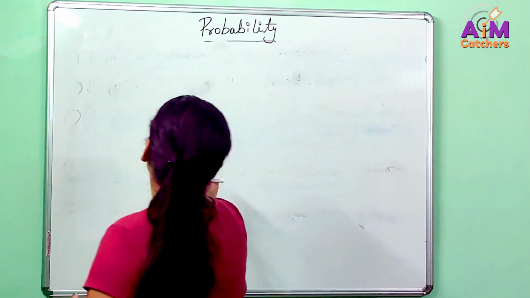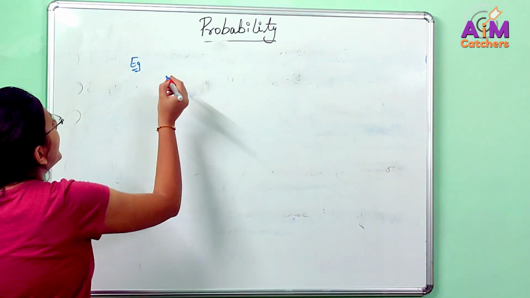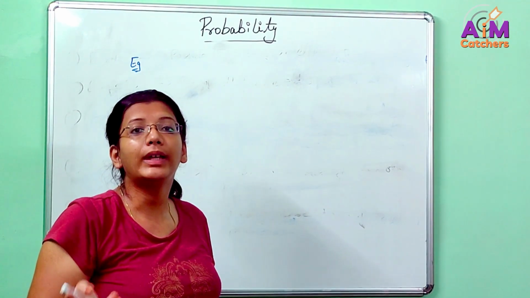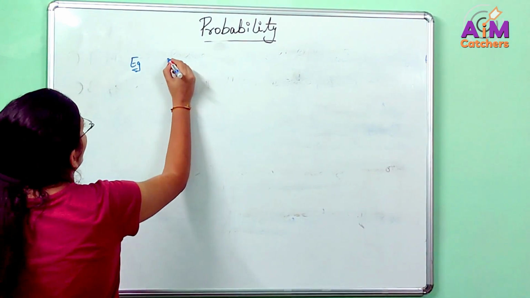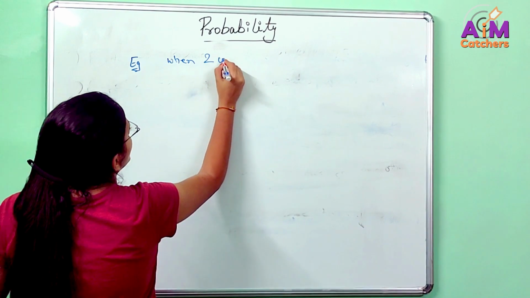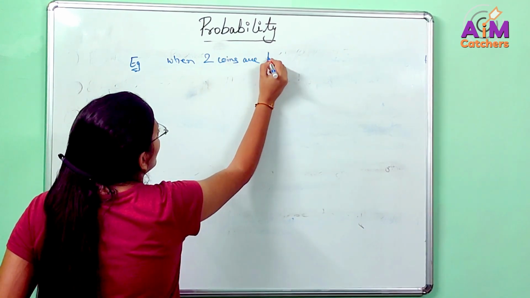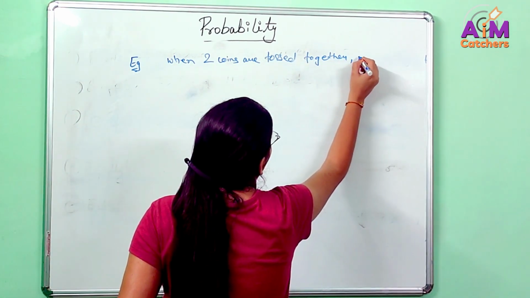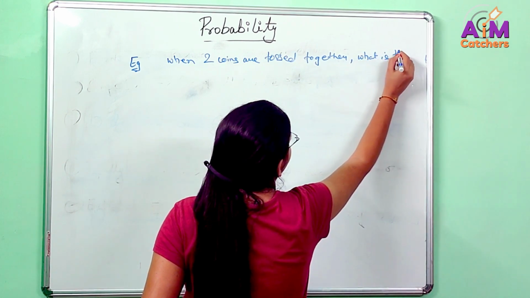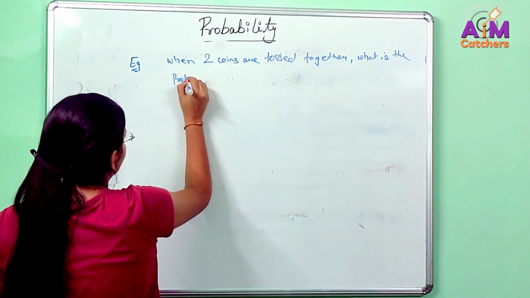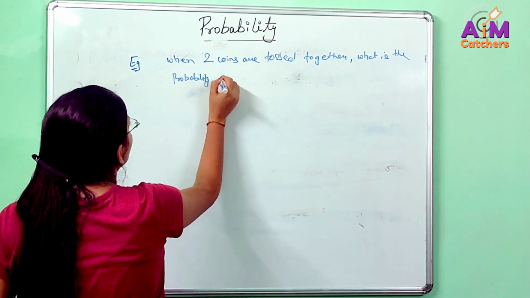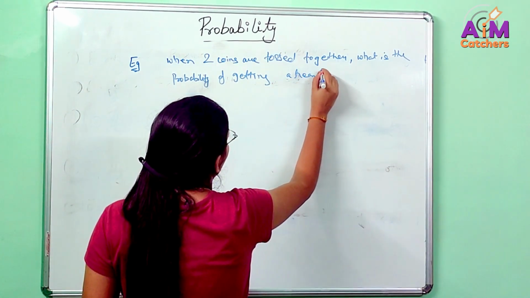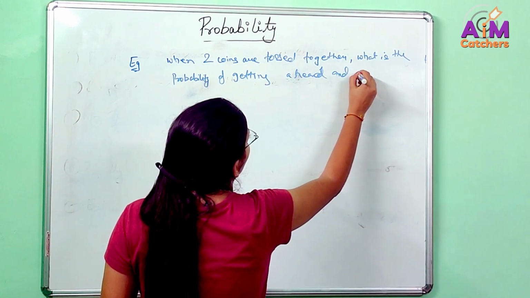So let's move to the first example. Let 2 coins be tossed. And what is the probability of getting a head and a tail?